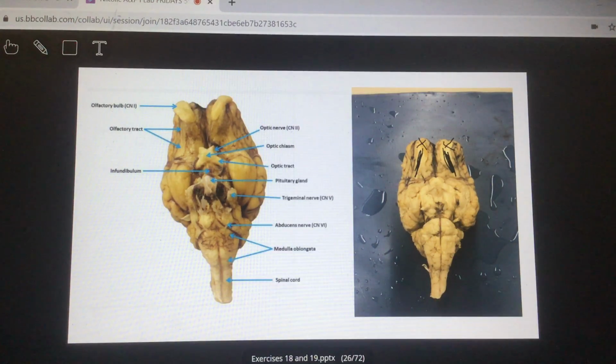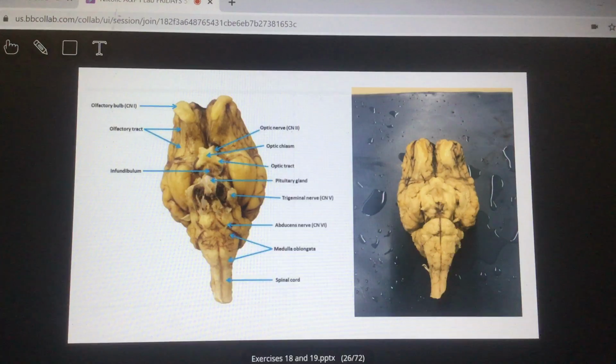See that, guys? Right there. Here's the spinal cord. Here is the olfactory bulb and the olfactory tract. So you're going to say olfactory bulb and olfactory tract if we put any arrow like that. Okay, guys? Why? Because it says it here, olfactory bulb and tract. All right, that's what we're looking at.